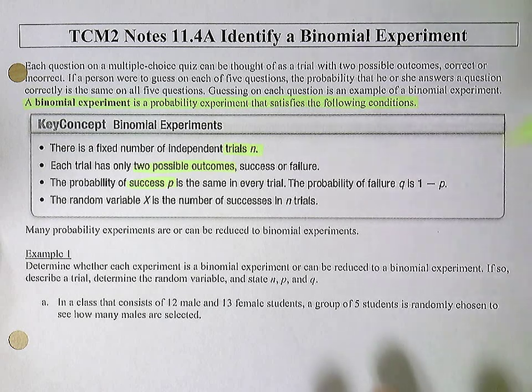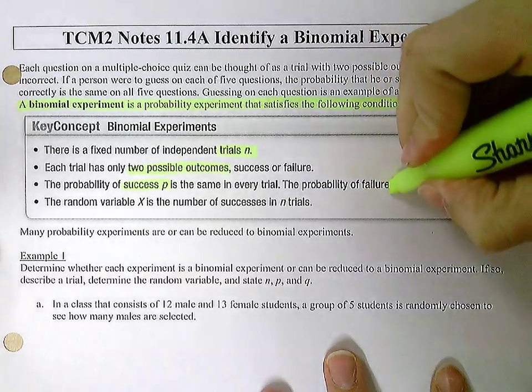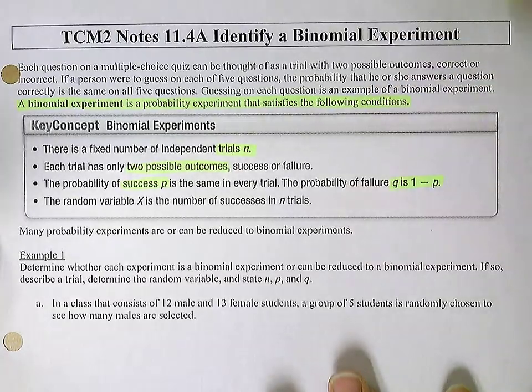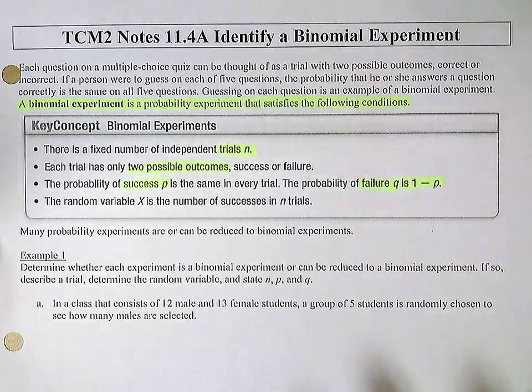And the probability of failure is Q, which is 1 minus P. So you'll have P as your probability of success. To find your probability of failure, you just take 1 minus that P value. And then the random variable X is the number of successes in n trials.